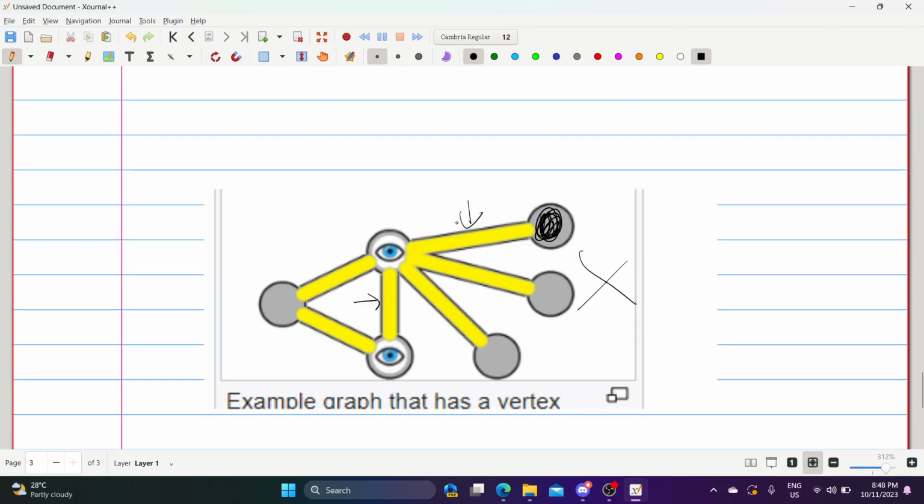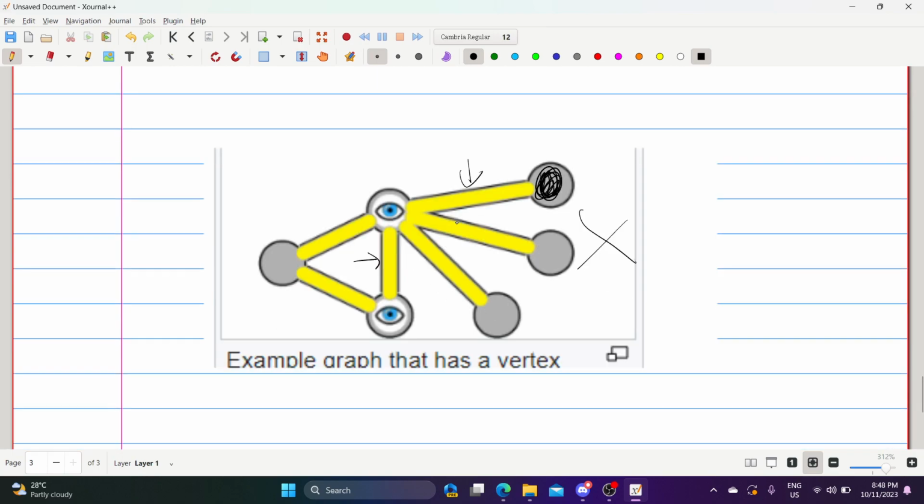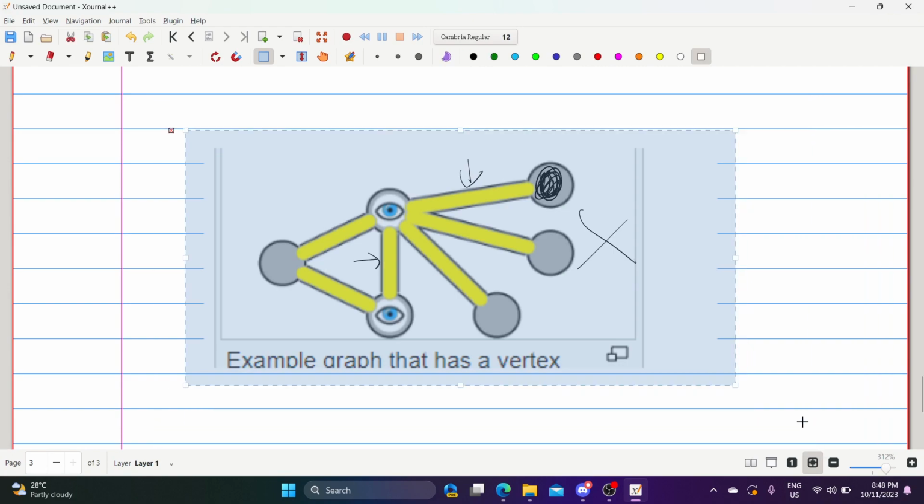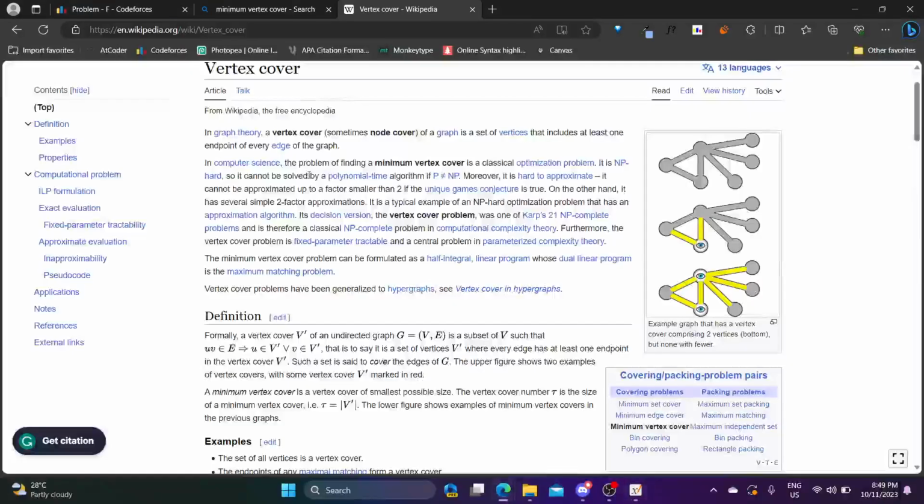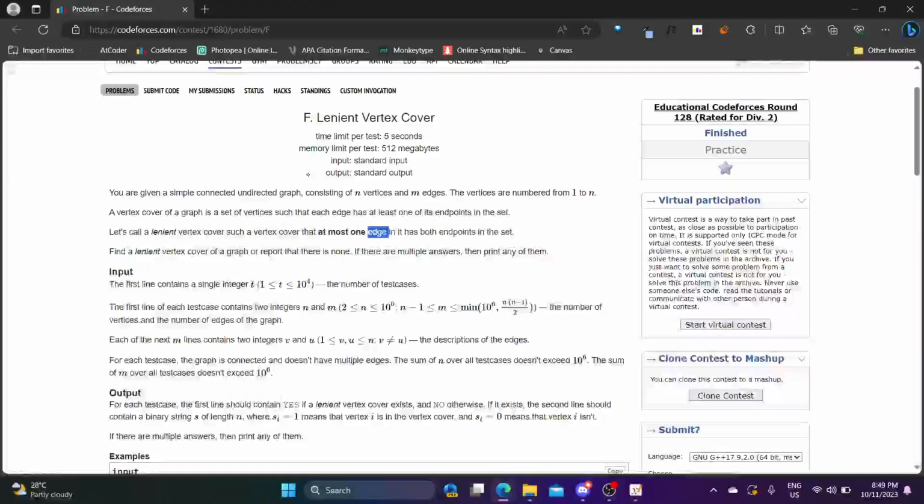Okay, so let us try to solve a simpler problem first. What if the vertex cover was even more strict? What if instead of at most one, they allow zero edges to have both endpoints in the set?